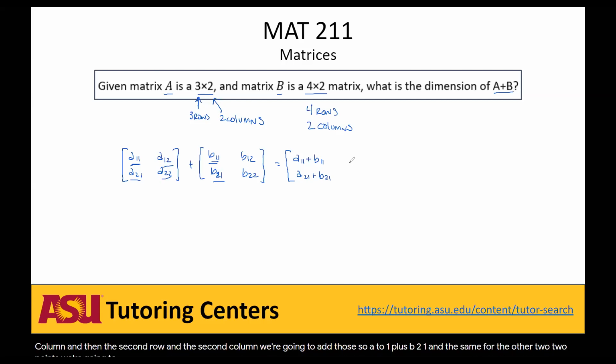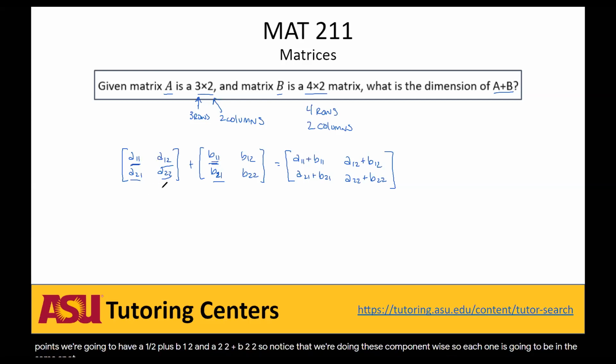We're going to have A12 plus B12 and A22 plus B22. So notice that we're doing these component wise. So each one is going to be in the same spot. We're going to only sum the elements that are in the same spot.